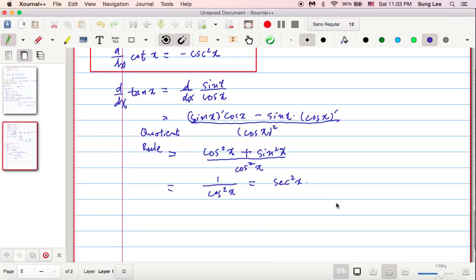Okay, so next one, we are going to calculate the derivative of cotangent x in a similar manner. So cotangent is cosine over sine.